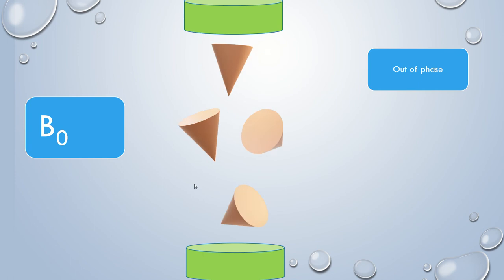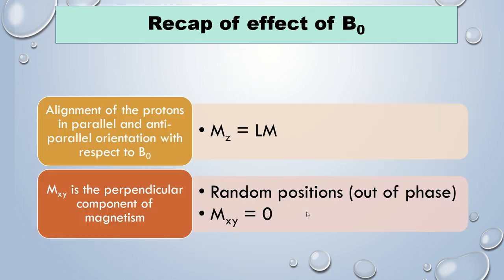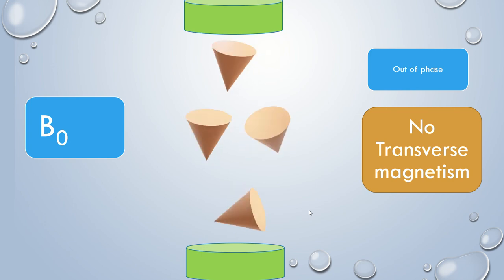So in the presence of an external magnetic field, we know that they start to precess, but they are precessing in random directions. In a nutshell, they are completely out of phase with each other. So there is no net transverse magnetism.